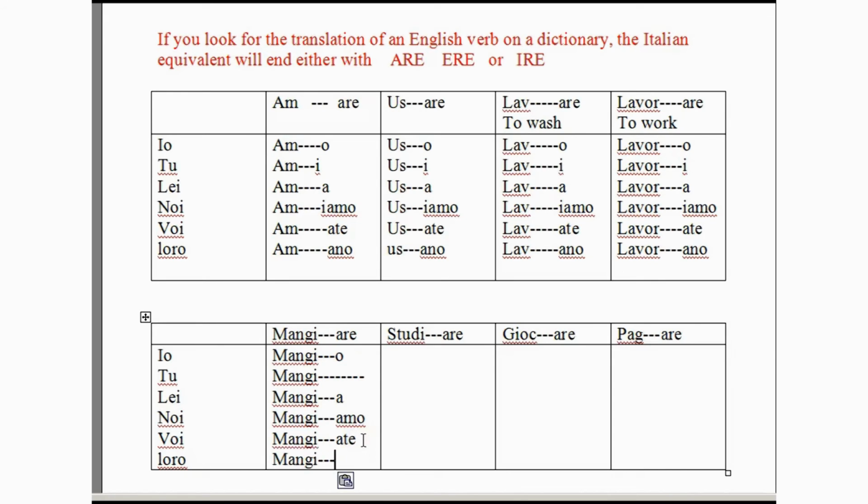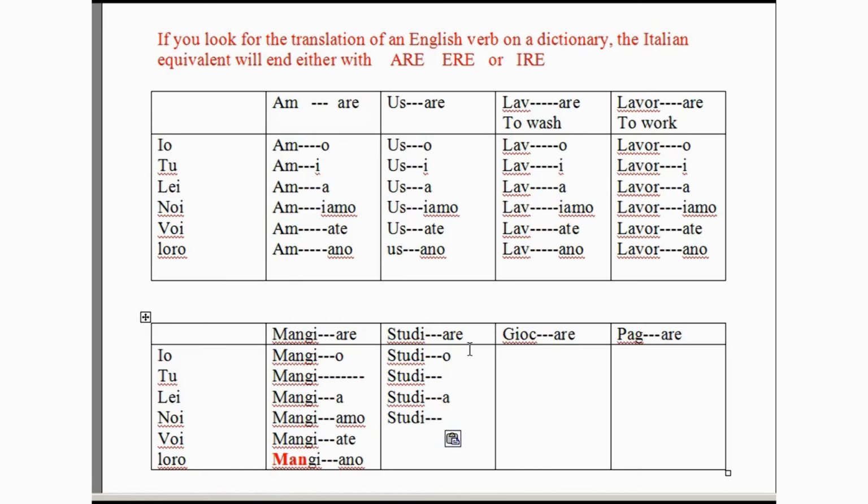E loro mangiano. I'm taking this opportunity to underscore that the very last form, loro, takes the stress on a different syllable. Loro mangiano. Noi mangiamo, voi mangiate, loro mangiano. You retract. Studiare, studio.